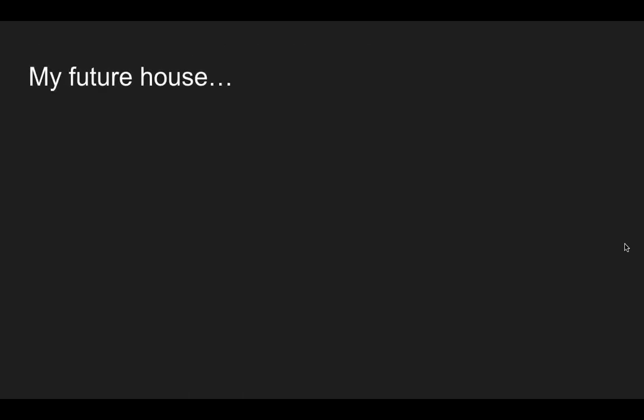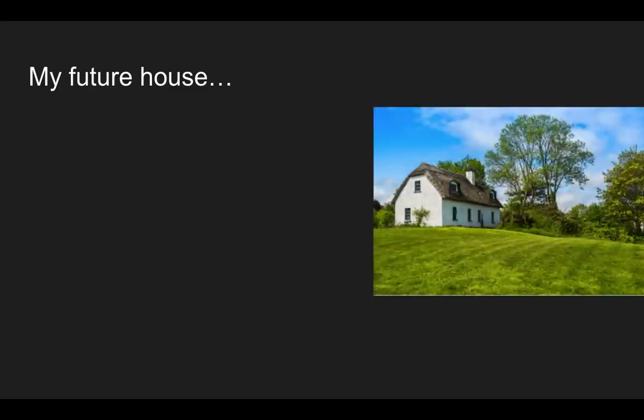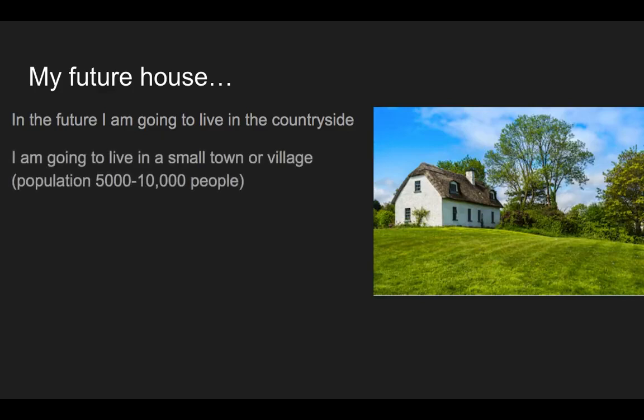Okay, so for my future house, where I'm going to live, I hope, maybe, where I would like to live. So I'm going to live in the countryside. So outside of the city, in the countryside. I'm going to live in a small town or village. So a place with a population of 5,000 people, 10,000 people.